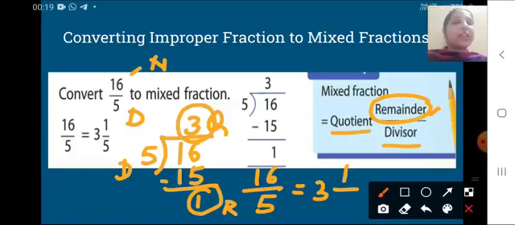So we will write 1 here, and the divisor we will write here. So what will we get? 3 whole 1 upon 5. So here we have converted 16 upon 5 to 3 whole 1 upon 5, which is a mixed fraction.